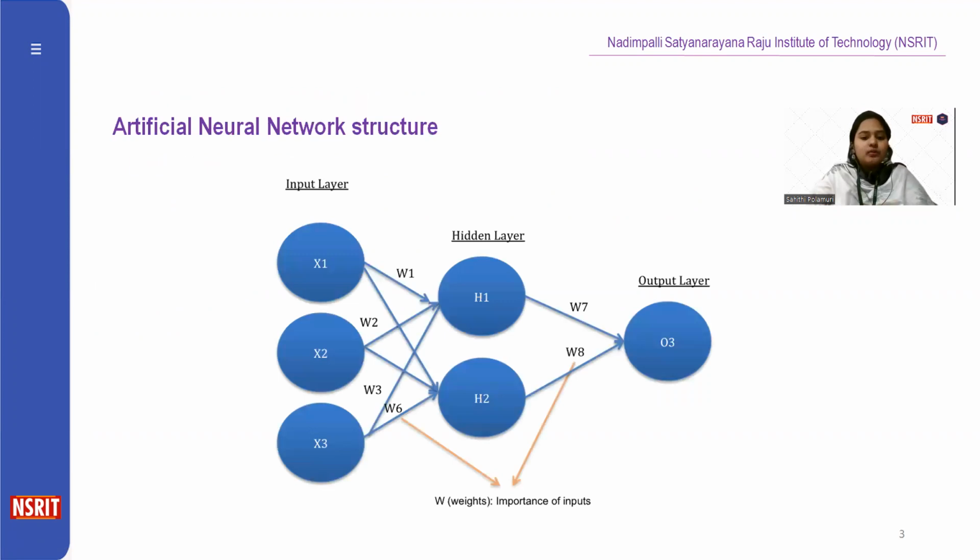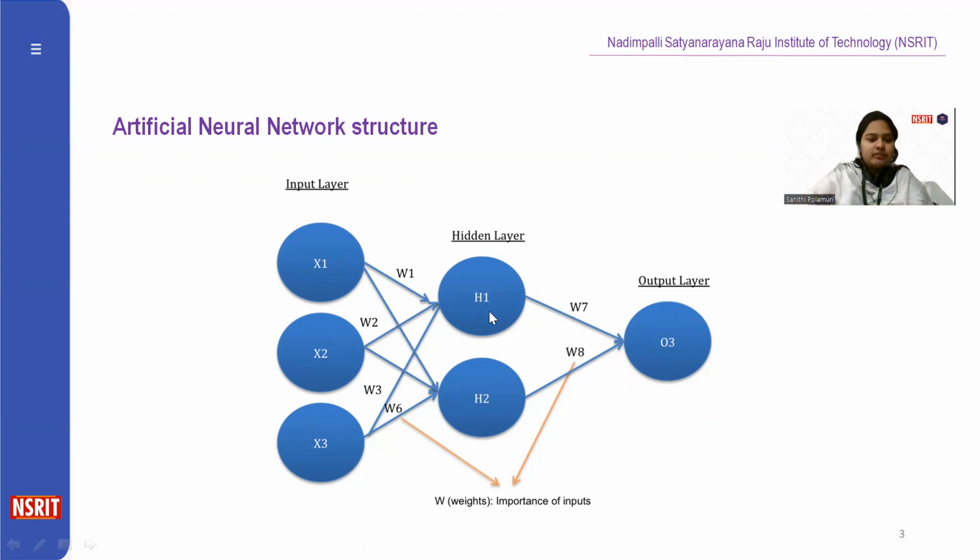Okay. So this is just a structure of artificial neural network, which we have already discussed in our previous videos. This is a multi-layer neural network. It consists of input layer, output layer, and hidden layers. Hidden layers can be more than one.